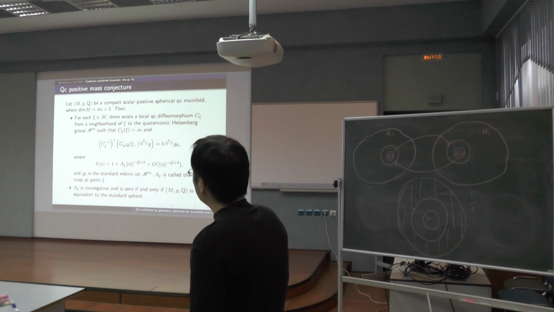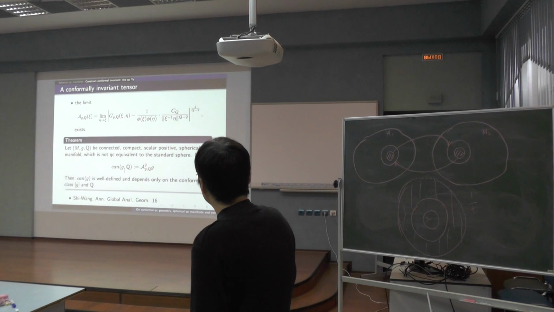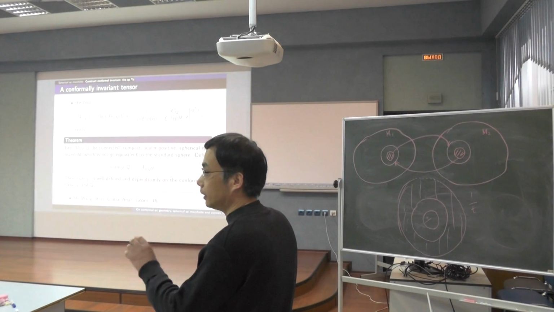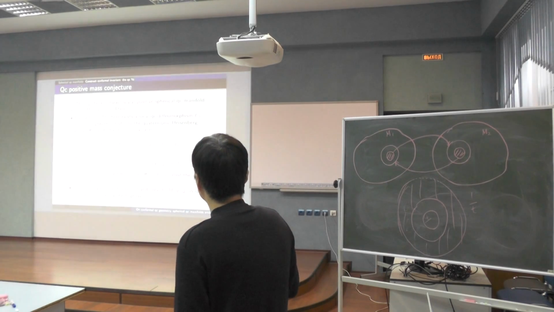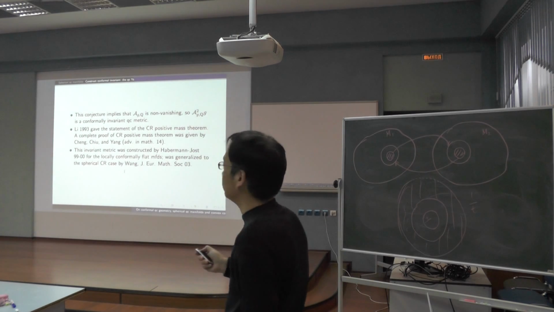In the CR case, it's equivalent to the positive mass conjecture. It just means that the Green function minus the singular part, taking a limit, is non-zero. So the conjecture means this quantity is non-vanishing, and A squared g becomes a metric.